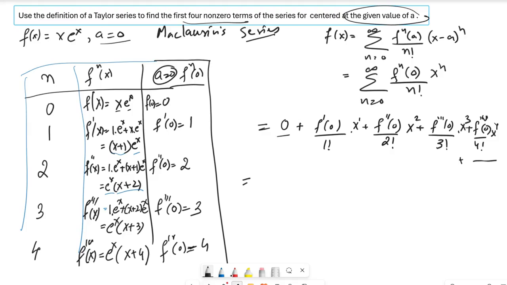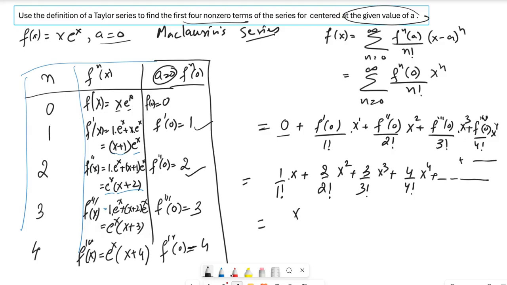This first term is just 0, I don't even need to write that. The first derivative at 0 is 1, so 1 by 1 factorial times x, plus the second derivative at 0 is 2, 2 by 2 factorial times x squared, plus 3 by 3 factorial times x cubed, plus 4 by 4 factorial times x to the fourth, and so on.